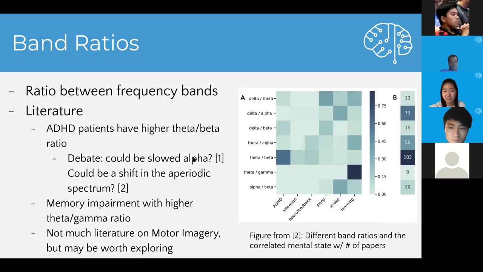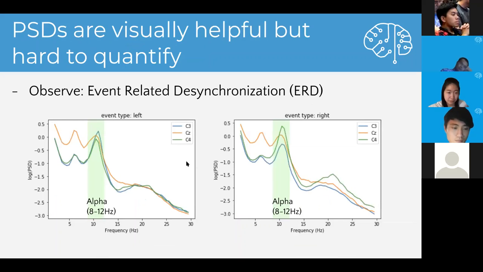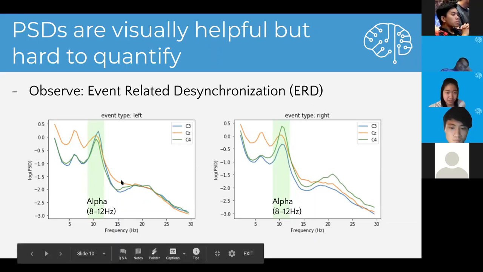This is getting to the nitty-gritty of analyzing oscillations more carefully. But some more thoughts on this could be that there's a shift in the aperiodic spectrum. If we go back to this PSD, we can think about the aperiodic spectrum as outlining the portion of this signal under this big triangle, which is in most EEG signals.